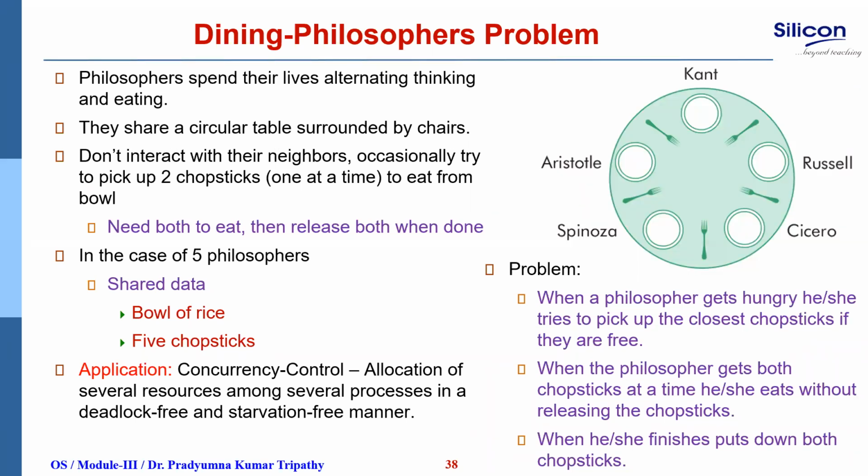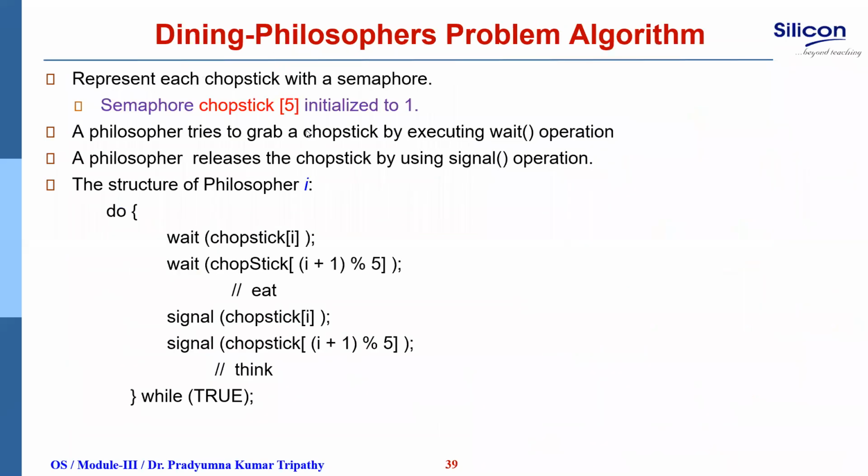The last problem that we have solved is the dining philosopher problem, where we have seen that this can be solved by using the wait and signal functions. So before any philosopher starts eating, it will put a lock on its two neighbor chopsticks, I and I plus 1 modulo 5. Correct?